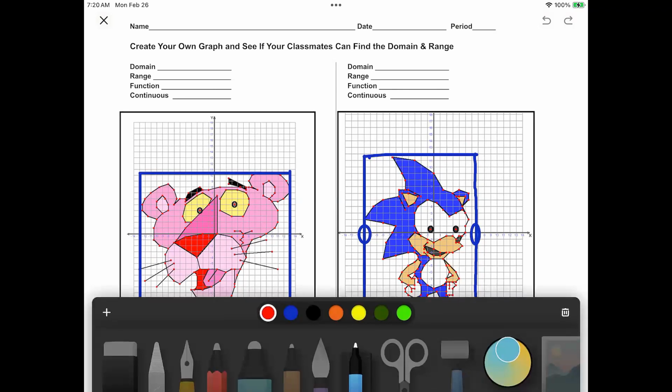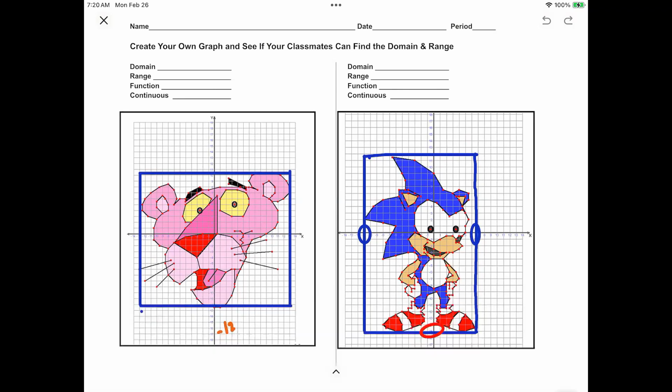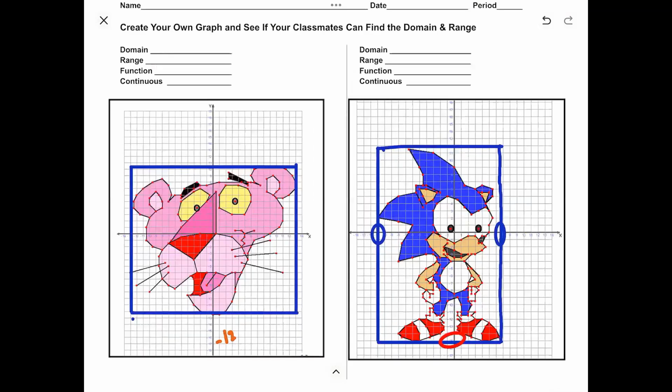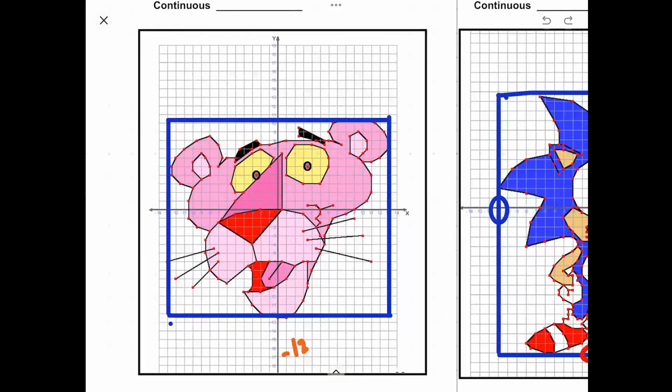I'm going to do this in red, and I'm going to trace on the Pink Panther. So let me make this larger. I could start here and trace around the whiskers, all the way around. I'm getting a little sloppy, but I'm tracing all the way around and I'm not lifting my pencil off the page.